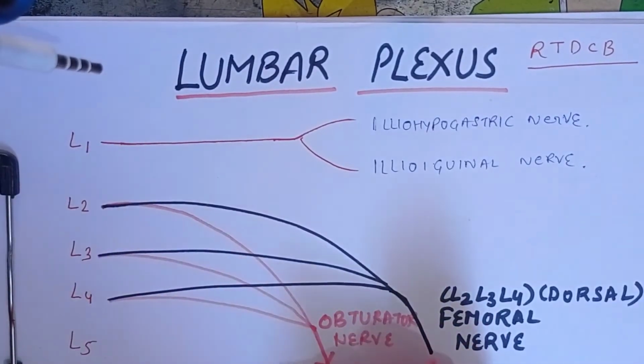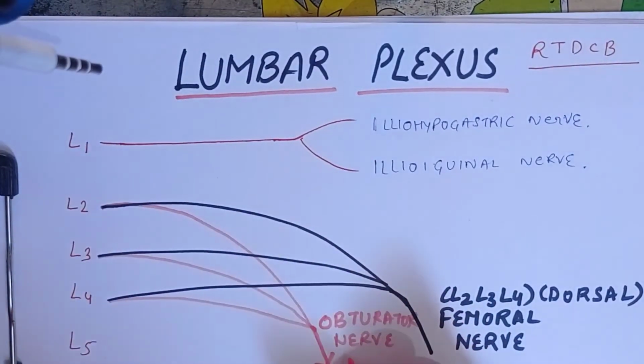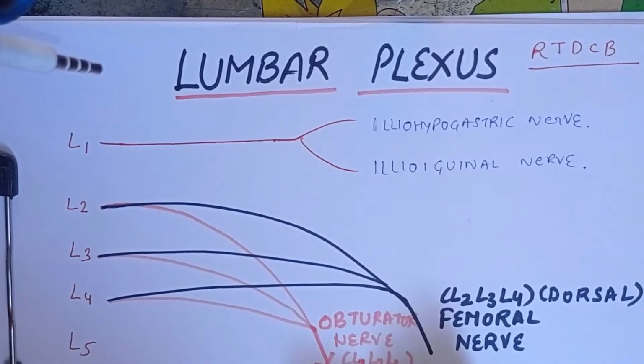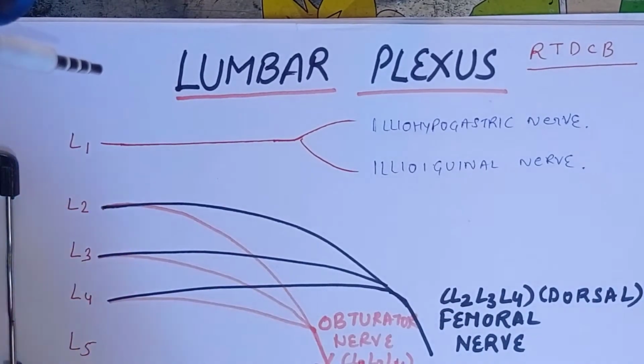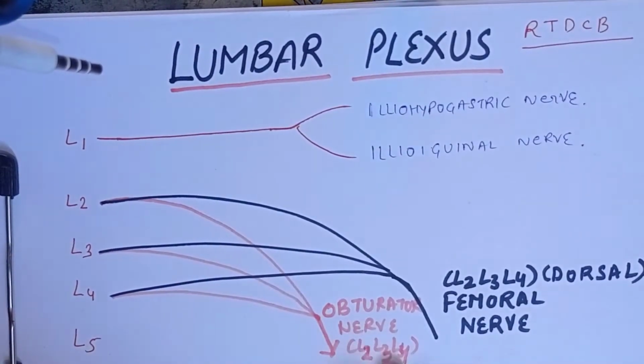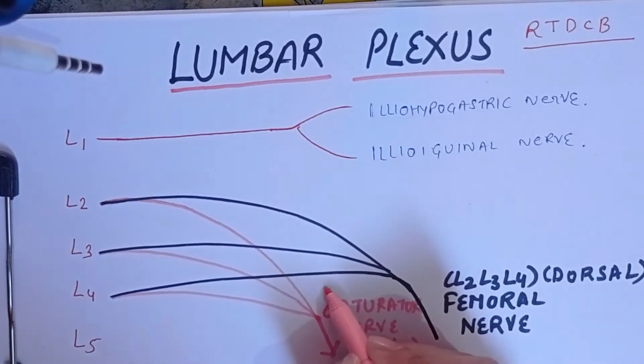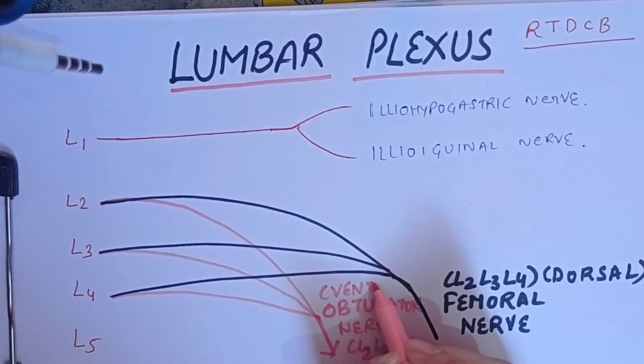So what is the root value of this? The root value is L1, L2, L3 again. L2, L3 and L4 again. I correct myself: L2, L3, L4. The ventral division gave the obturator nerve. So which division? Ventral division.